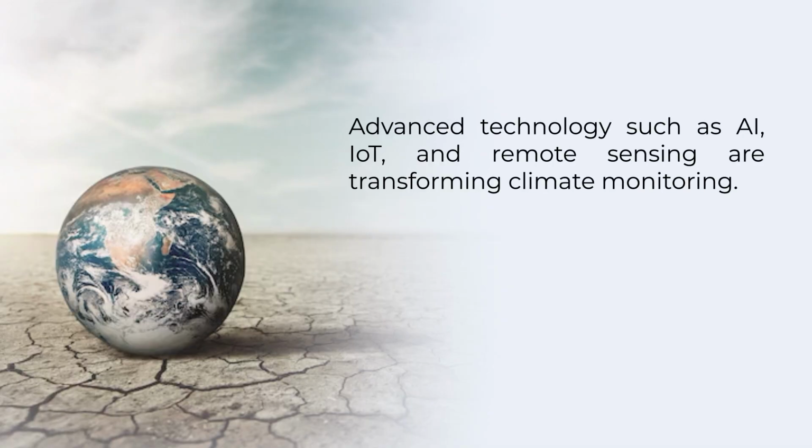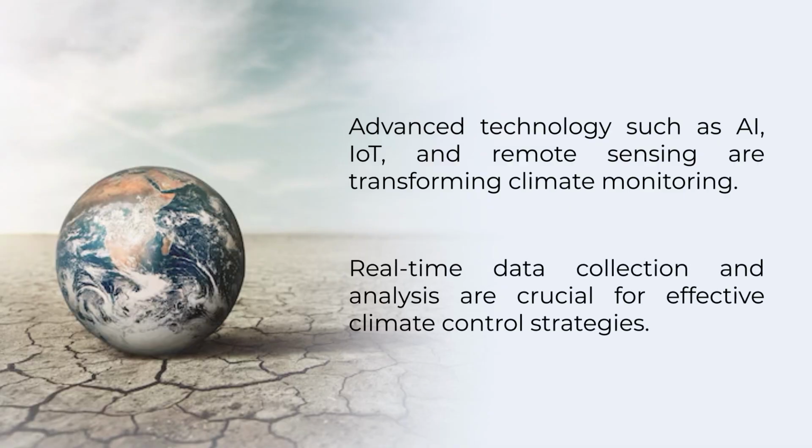We can also use advanced technology and innovation such as AI, IoT and remote sensing for climate monitoring, because if we don't monitor climate change, how are we going to mitigate it? These techniques can collect real-time data and analyze it, which is very crucial for effective climate control strategies.